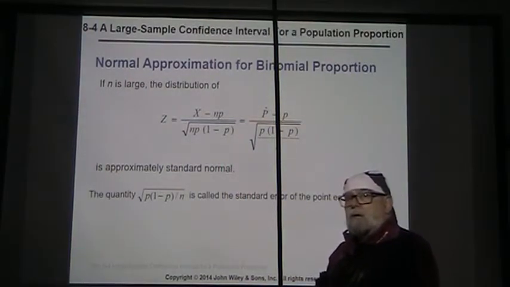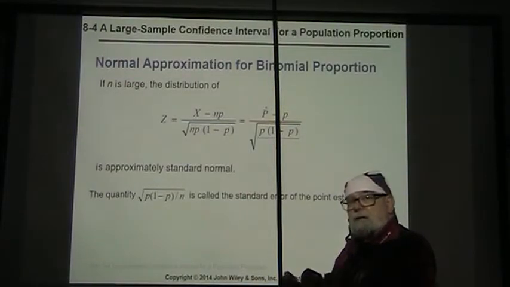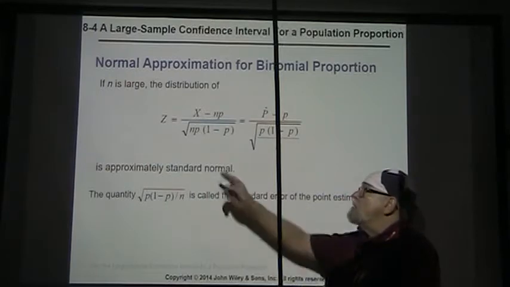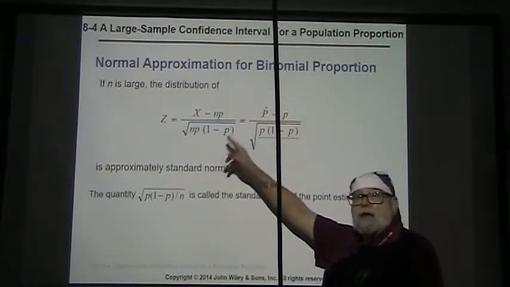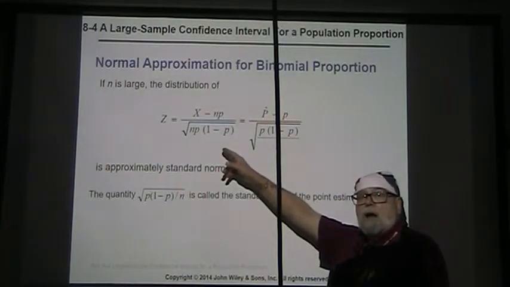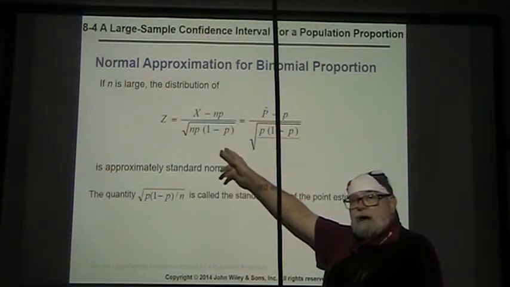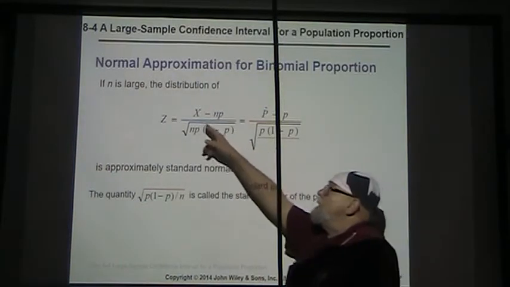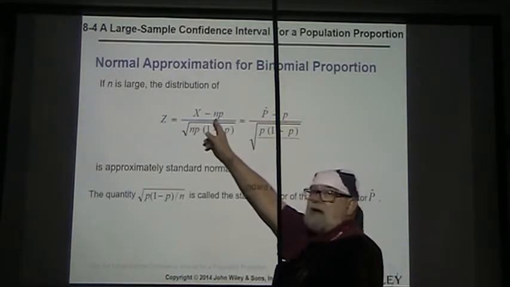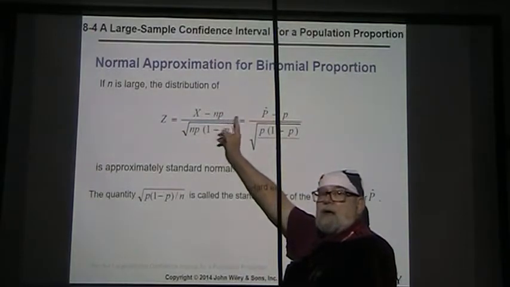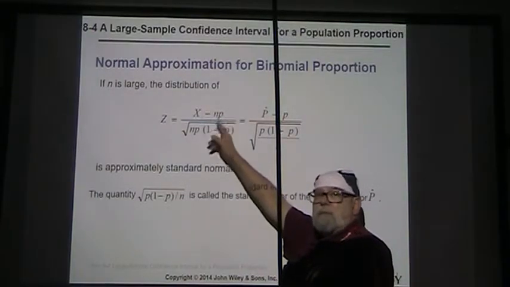Now, this looks almost exactly like how we figure our z number in a regular z number situation. For example, x minus np. Well, what is np? np is our mean, or mu.